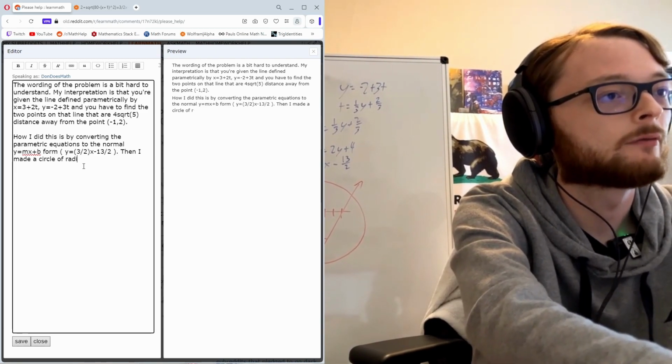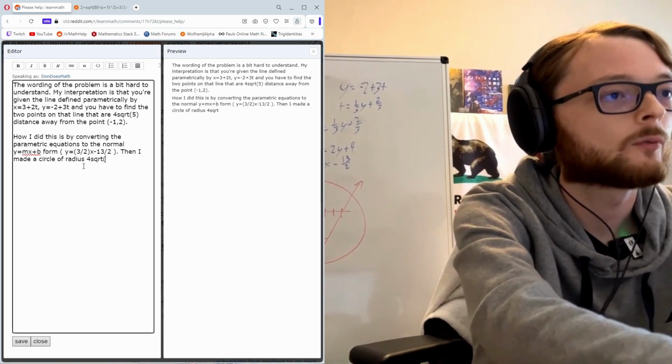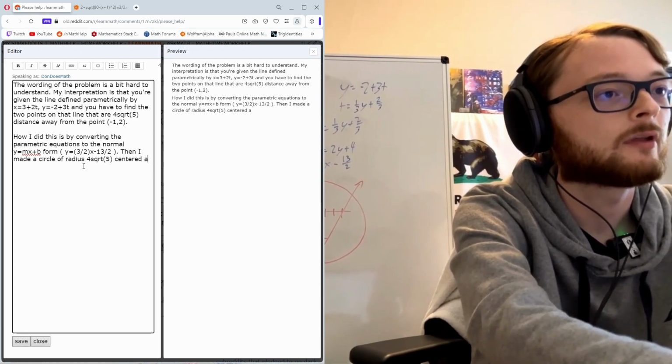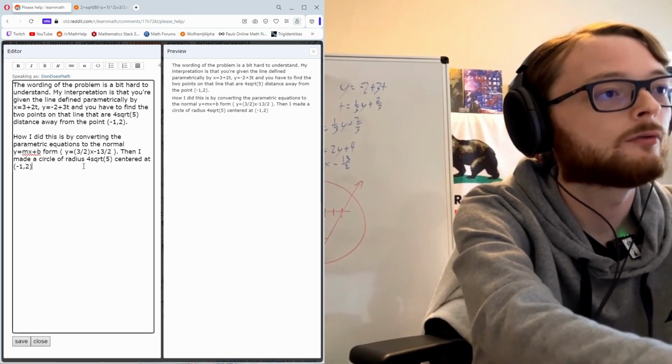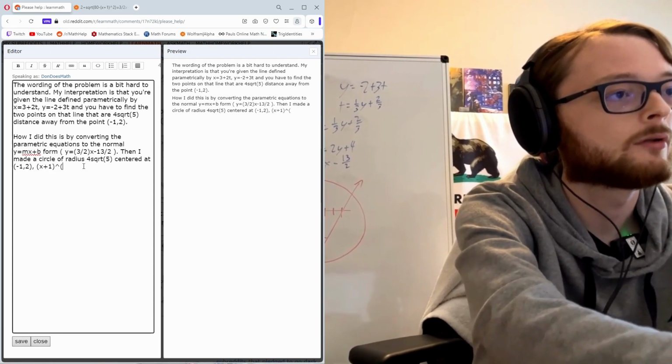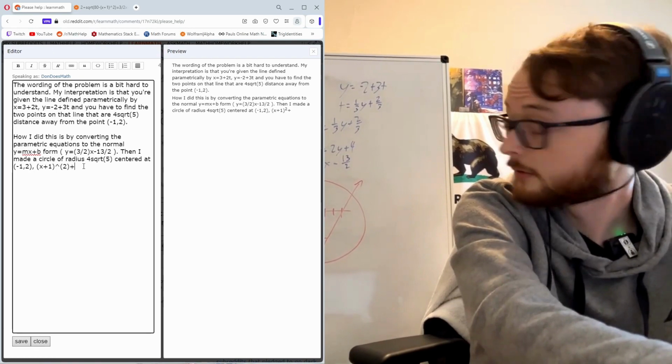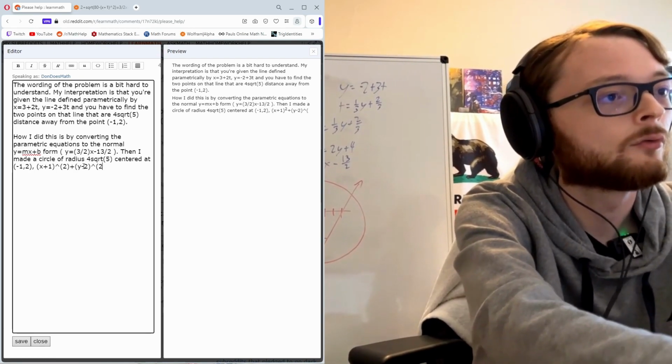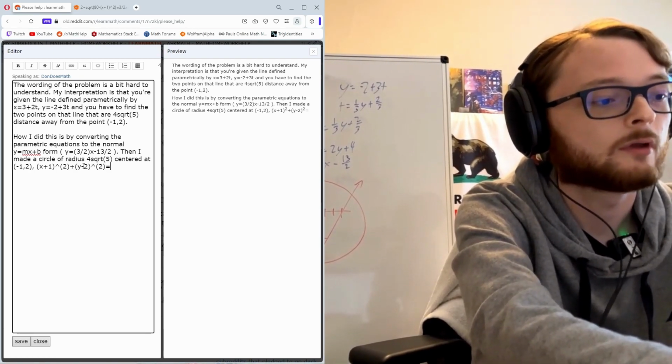Then I made a circle of radius 4 square root 5, centered at negative 1, 2: x plus 1 squared plus y minus 2 squared equals 80.